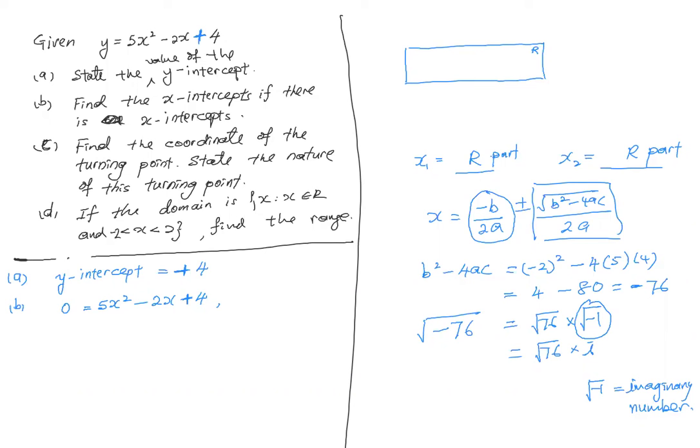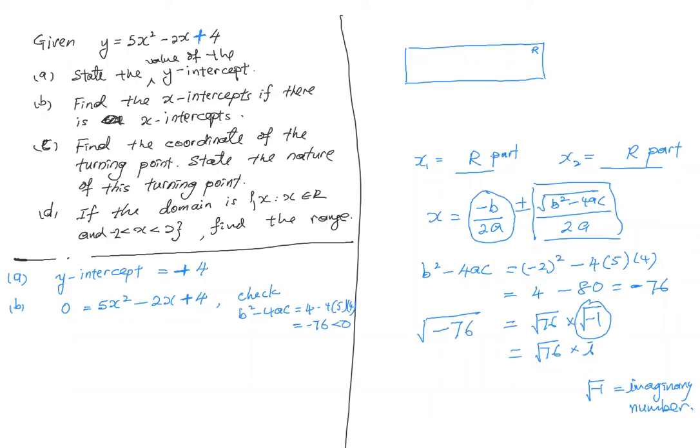So before I do this, usually I check b squared minus 4ac first. So I put 4 minus 4 times 5 times 4. So I got negative 76, less than 0.